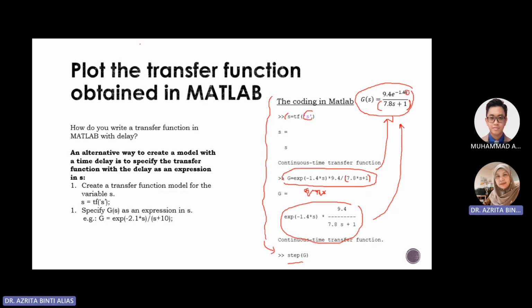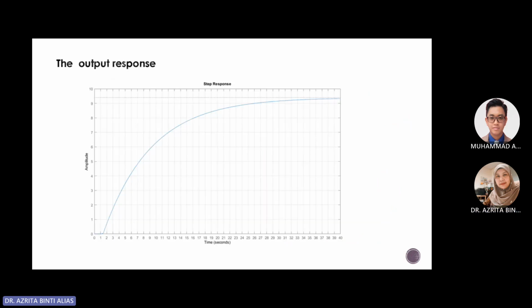And then step. The name of my transfer function here is G delay. Dapat tak? Run. Tak keluar. Kenapa? Oh, sebab saya tak tutup ni.